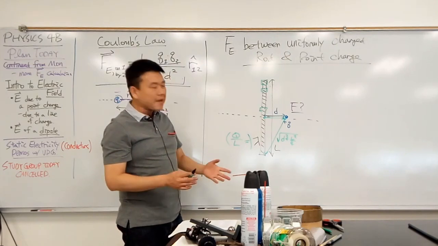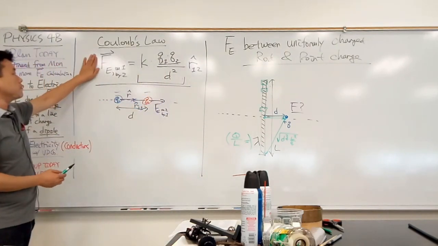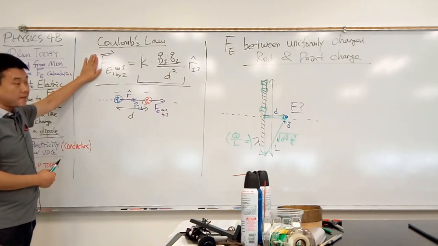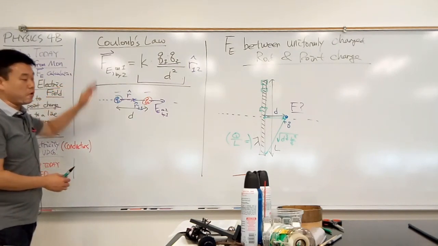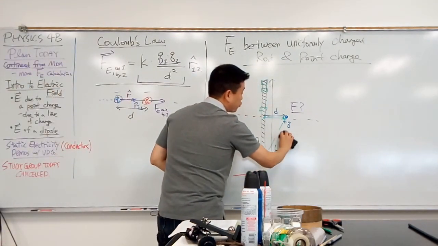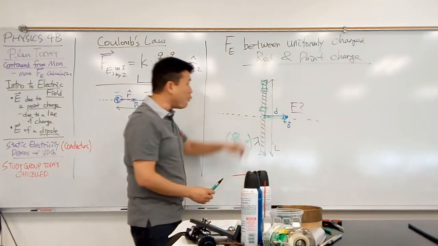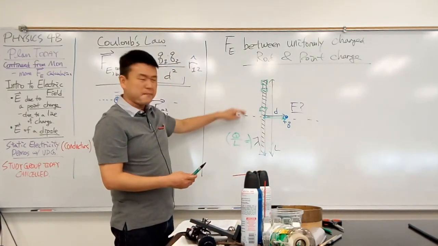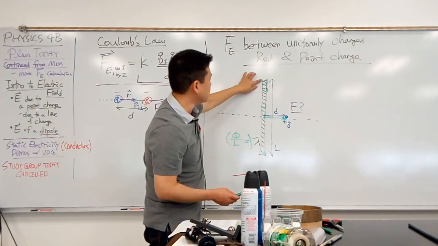So let me actually put it this way. We reintroduce the force as a vector so that we can deal with it as a vector. So let me draw a representative contribution to the force from one of these segments. By the way, I'm pretty sure the way I'm doing this is slightly different than your textbook.